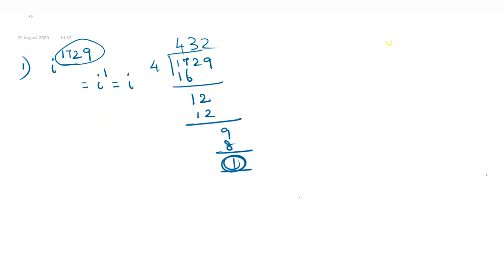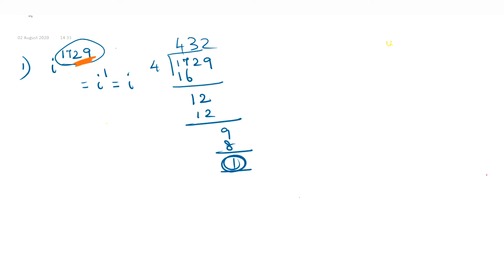Now, instead of dividing this given number by 4, in the lower classes we have studied that to check whether the given number is divisible by 4, it is enough to check the last 2 digits.